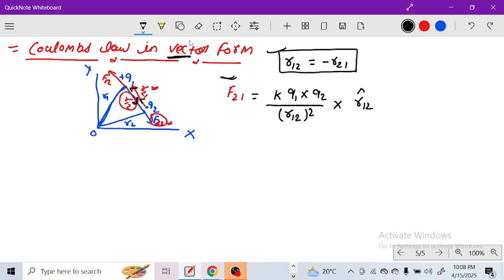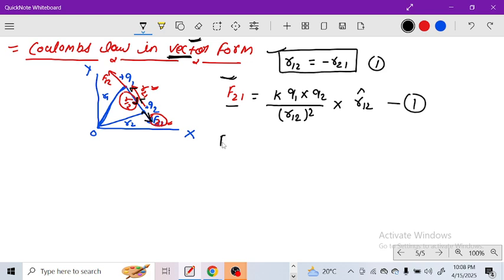Because I am taking vector form, I have to take magnitude as well as direction, and this unit vector shows the direction of F21 this side. Okay, so I will take this as equation 1.